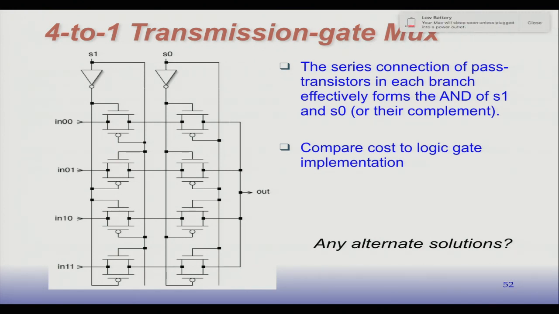If it's 1, 1, those 2 are on, but one of these is also on. I don't remember which one. So it's the series connection of the pass transistors that forms the AND of the S0 and S1.